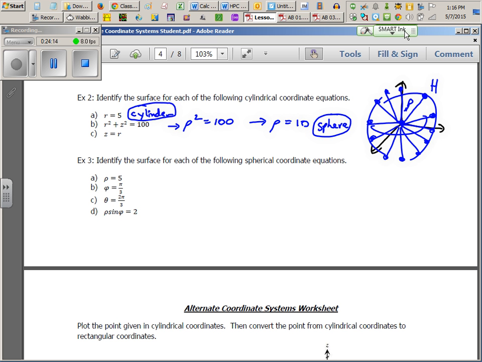Okay, here's this next one. Z equals R. Or maybe you'd like to look at it as R equals Z. Now you've already discussed what R equals 5 was. What was R equals 5 back in part A? It's a cylinder, right. Now let's notice that there's two variables. That means if you're really stuck, you could just make up numbers. So let's say Z was 0.